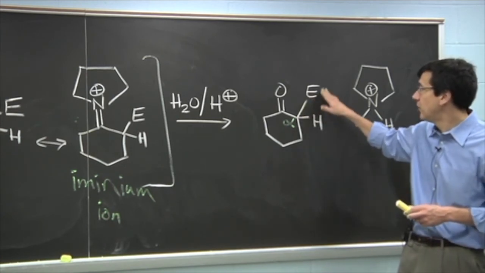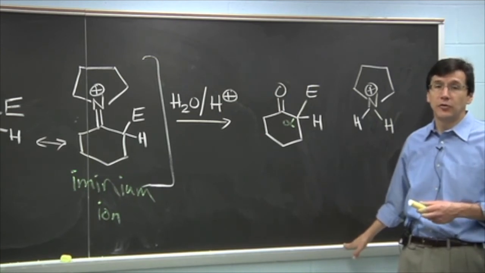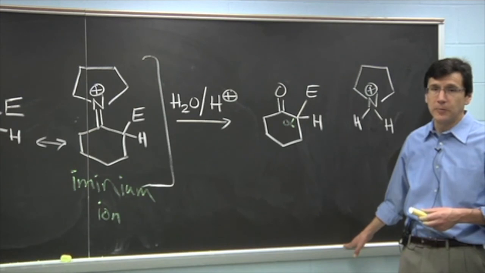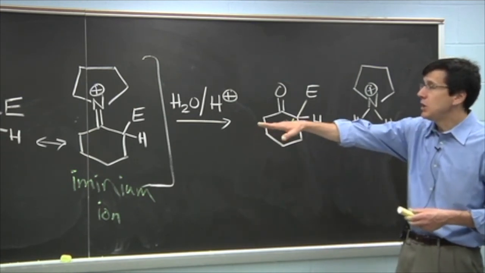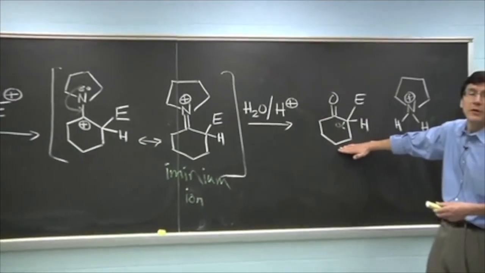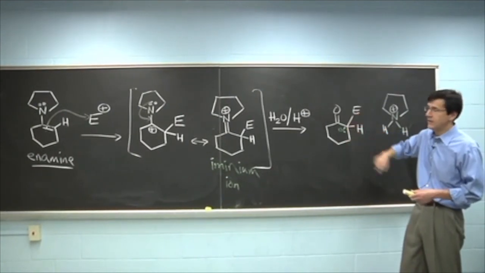So the electrophile here can be a variety of things, including an electrophile derived from another aldehyde or ketone molecule. So the enamine being used as a nucleophile to get to these sorts of keto products that have an electrophile attached at the alpha position.